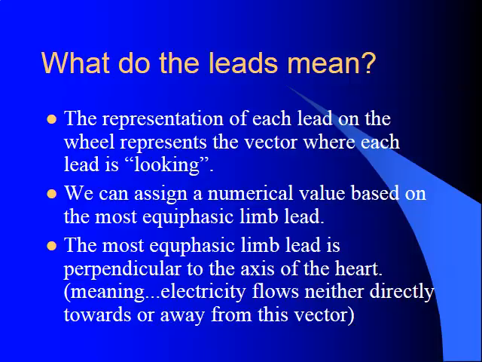That's the direction it's going when you put that wheel superimposed on the heart. We assign a numerical value based on the most equiphasic limb lead. The most equiphasic limb lead, as I've already stated, is running perpendicular to the axis of the heart, meaning electricity flows neither directly towards nor away from this vector.